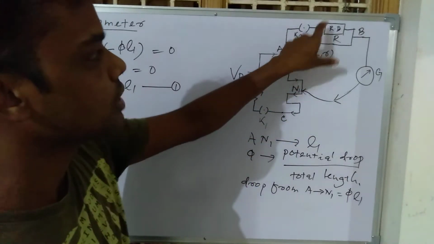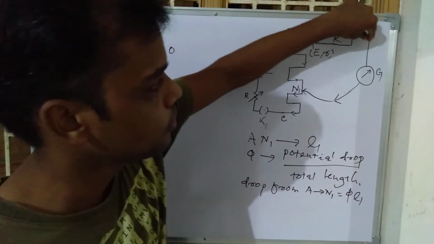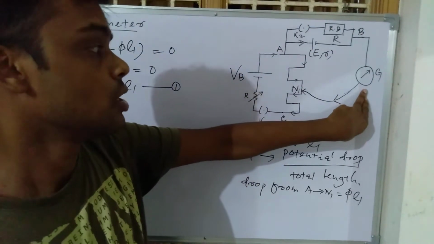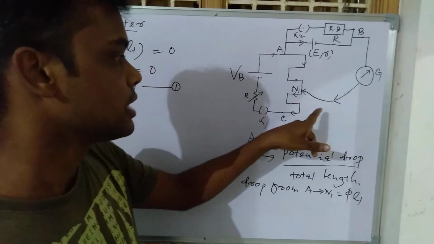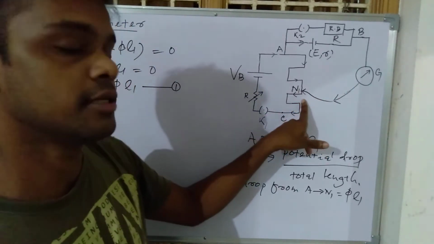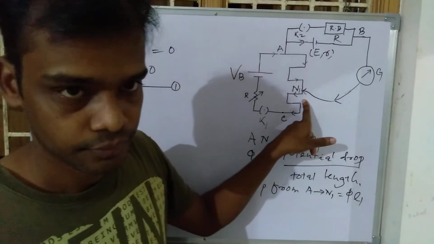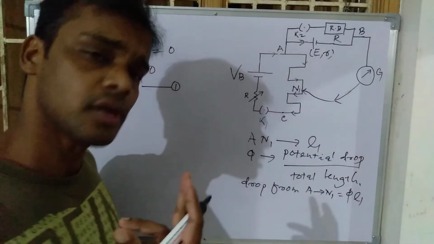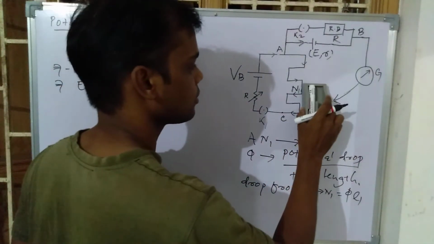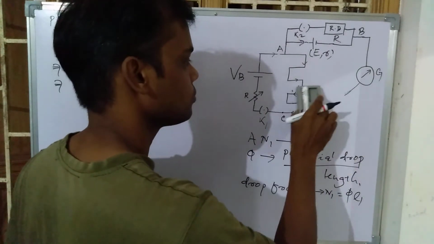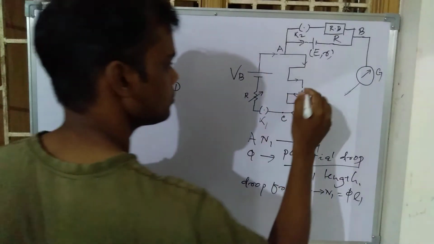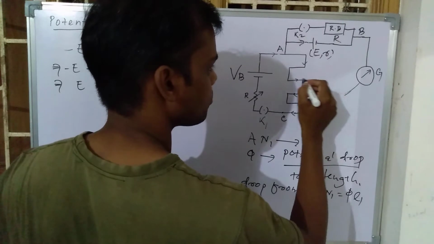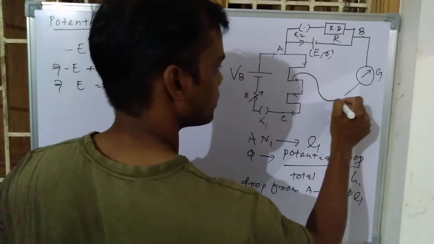So if K2 is connected, total current flows through this, and there is no guarantee that the galvanometer will again show zero deflection at this particular point N1. It could be some other point. Let that other point be N2, and it is somewhere here.